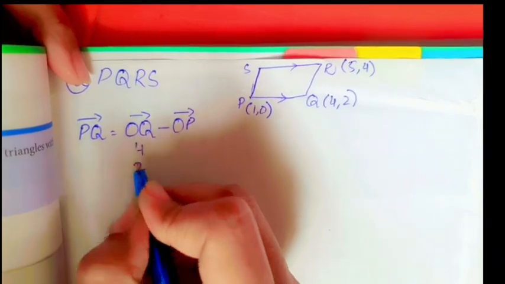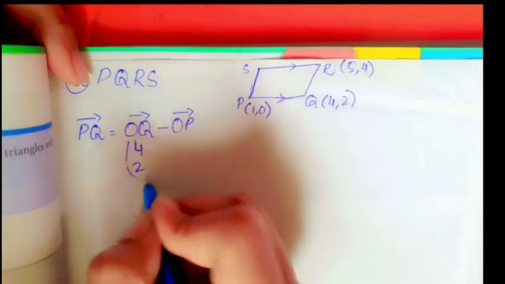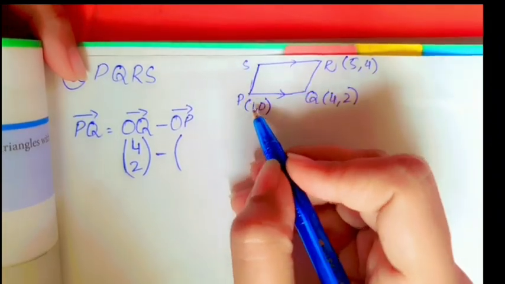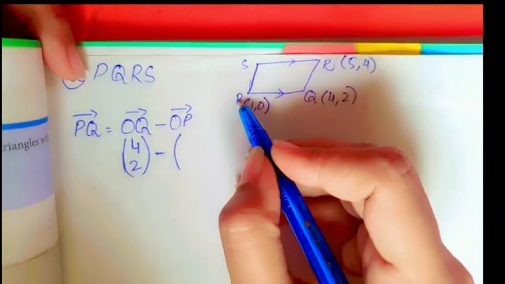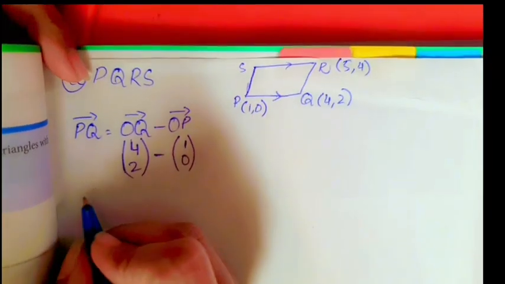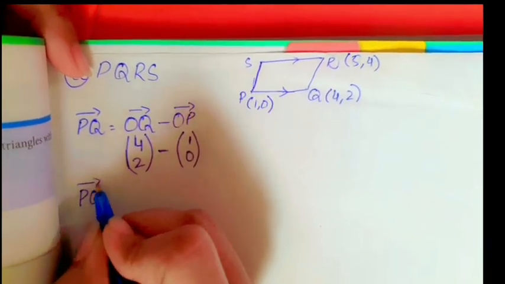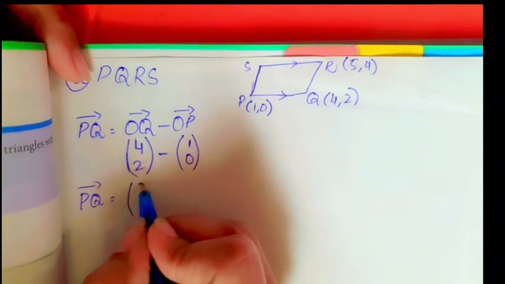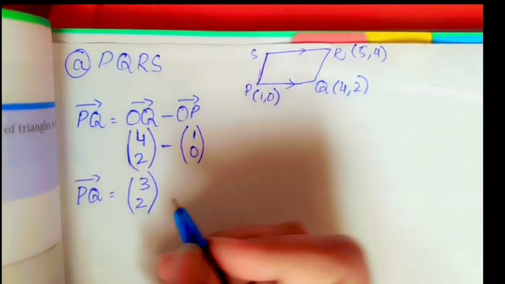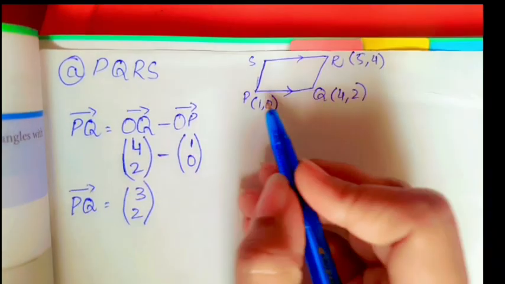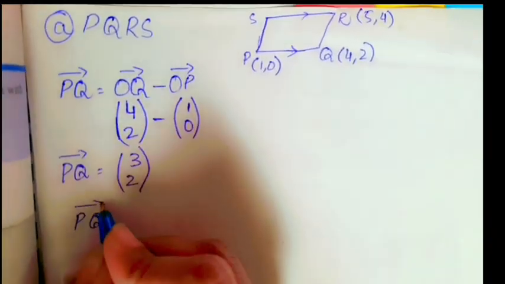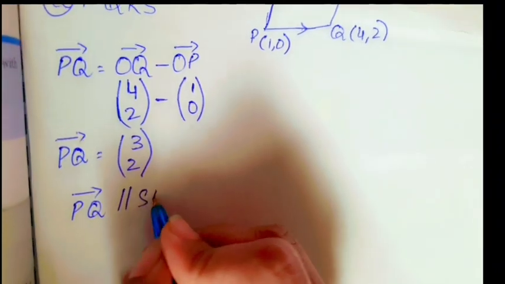I am writing in column vector form, minus, and what are the coordinates of P or OP? So its coordinates are (1,0). Now subtract both of them, so we get 4 minus 1 is 3 and 2 minus 0 is 2. So PQ is (3,2).